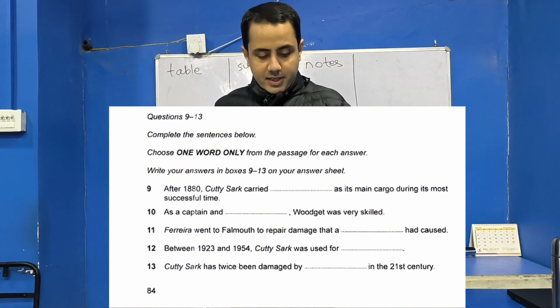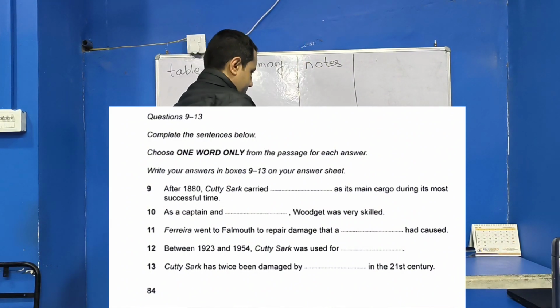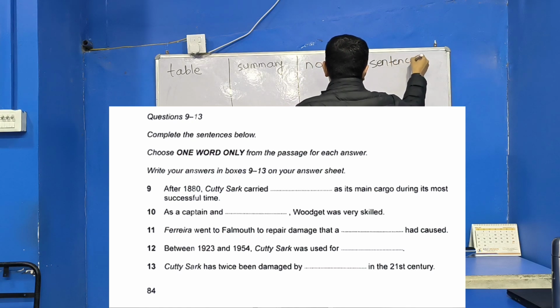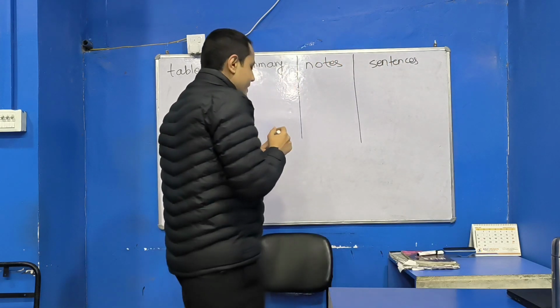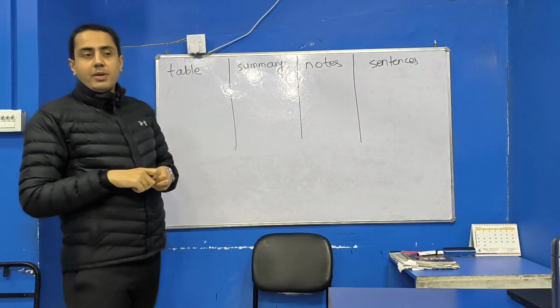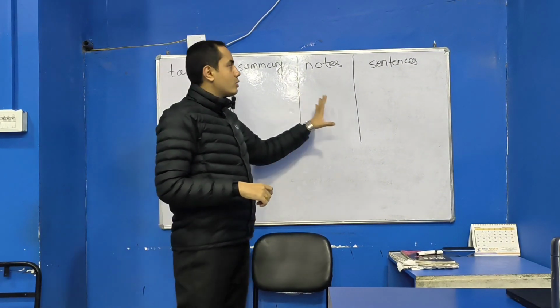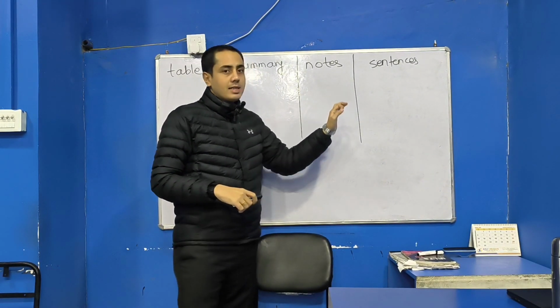It says complete the sentences below. All of them are completing something, but one is completing a table, the other is completing a summary, another is completing notes, and the last one was completing the sentences.